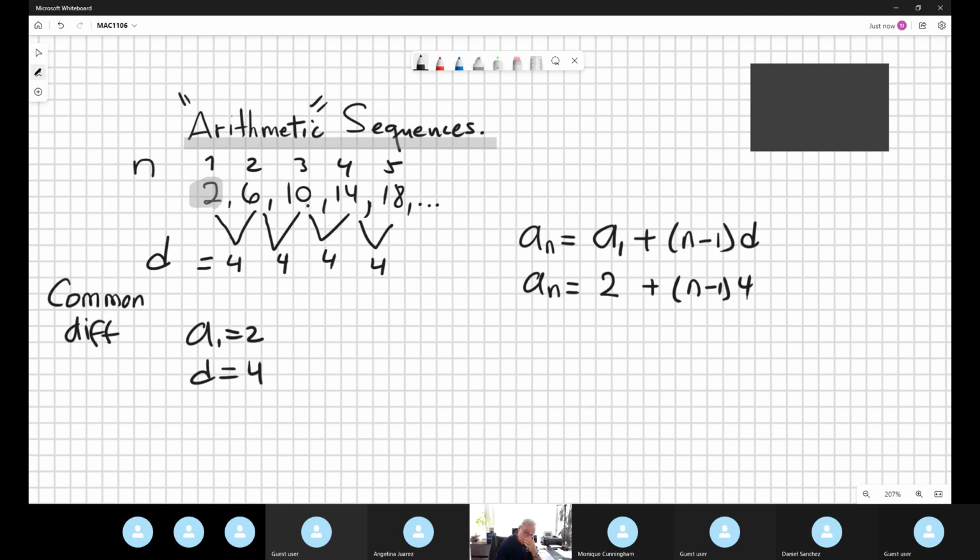Let's simplify a little bit. This is 2 plus 4n minus 4, which is 4n minus 2, because negative 4 and positive 2 together. So the formula to generate any element in this sequence is 4n minus 2. Bam! This is my formula.